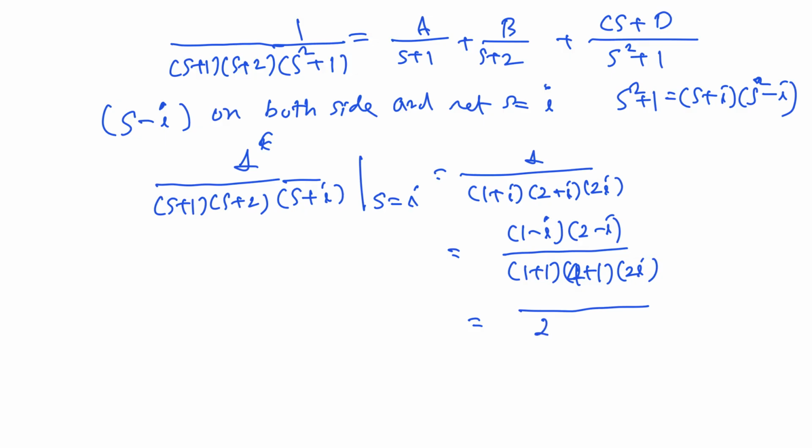So this is 2i times (2 plus i plus 2i minus 1) in the denominator. So this is 1 over 2i(1 plus 3i), and we can organize this as 20i times 1 minus 3i, right?